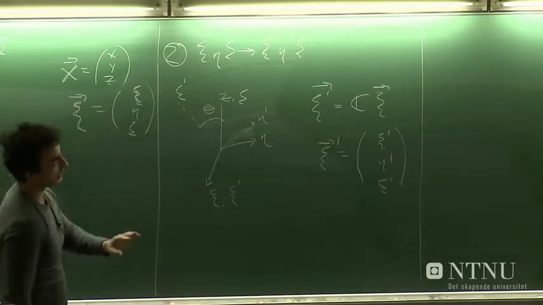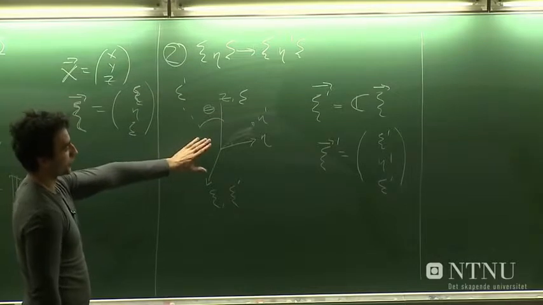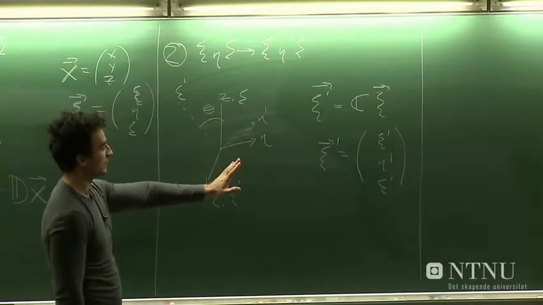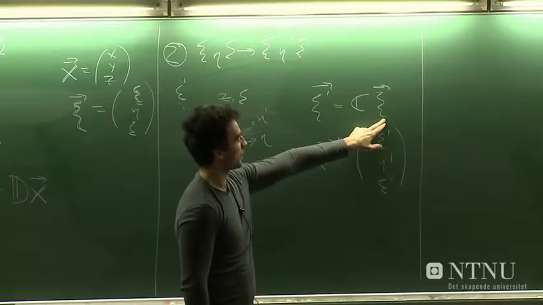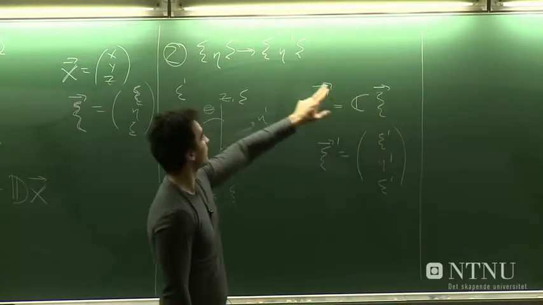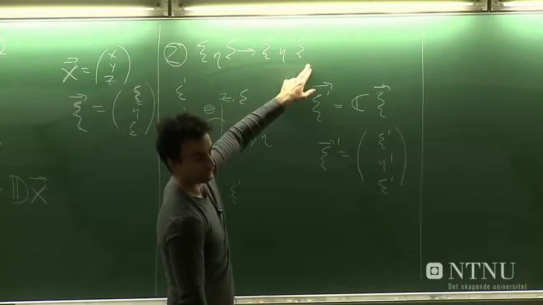So again, we know that there has to be some kind of orthogonal transformation or rotation associated with this. So we call this C, which takes us from a vector in this system to the prime system.